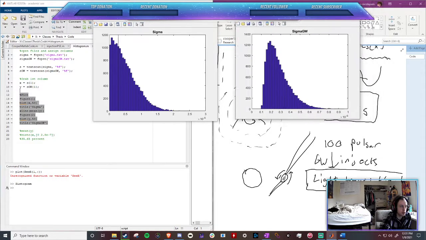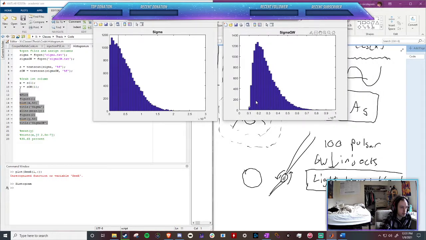The right one is the difference in light travel time due to the gravitational wave. With a little shenanigans, you can see I put a line right here. What this line says is, hold on, wait, which way does this go?